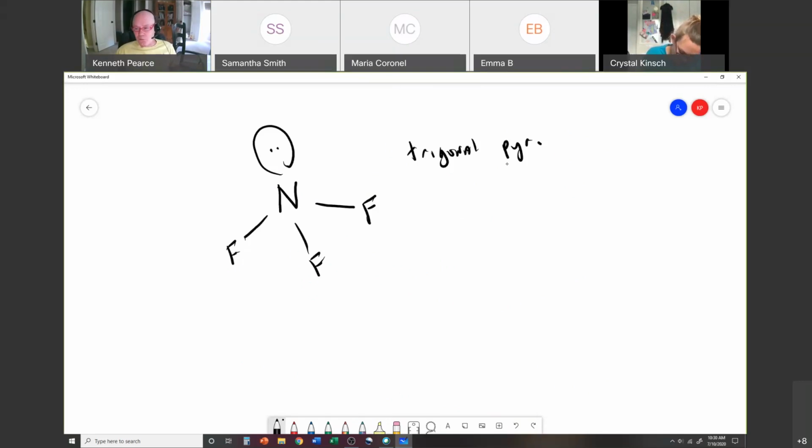Okay, as far as the molecular geometry goes, 3 bonded, 1 lone pair. All right, what are the bond angles? 109.5, roughly. Actually, the bond angle between the fluorines will be less than 109 because the lone pair is going to push them together. All right, I'm throwing a lot of information at you, but these are the things you're looking at. So it's 109, but it's actually a little less than 109.